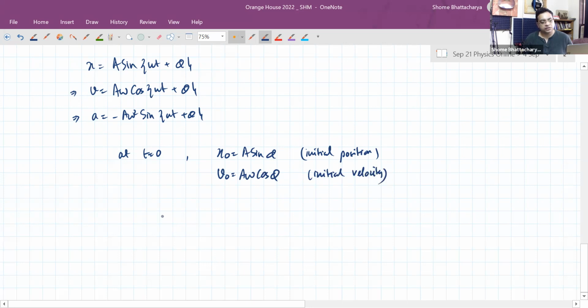So from these equations we can see that amplitude has this kind of relationship with initial position and velocity.